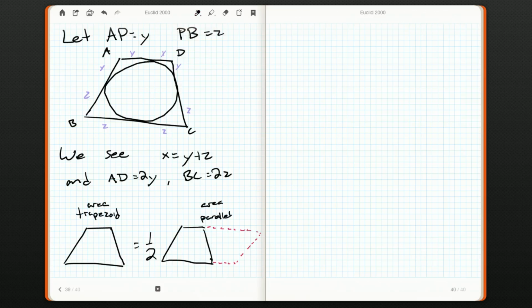So it's 1/2 the area of a parallelogram. If we have A, B, C, D, and a height h, then this parallelogram has height h and a base of D plus A.